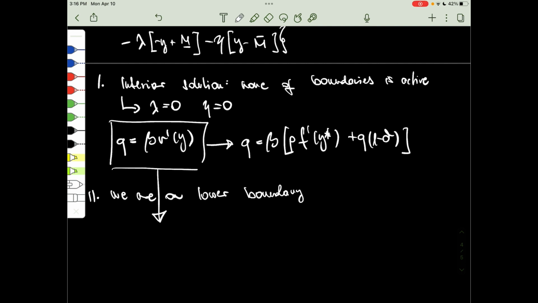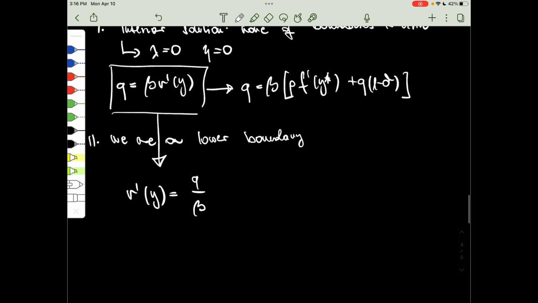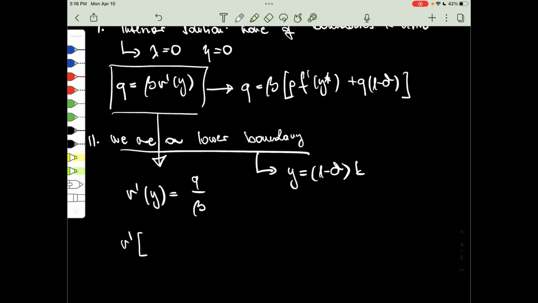Let's use the same first order condition, because we know that this is an interior solution, but we are on the lower boundary, which means that y is given by this equation. So we can rewrite the first order condition using the lower boundary.